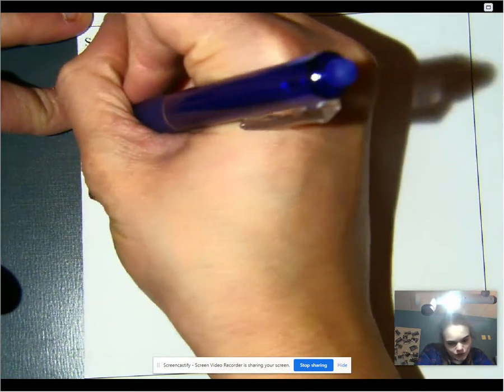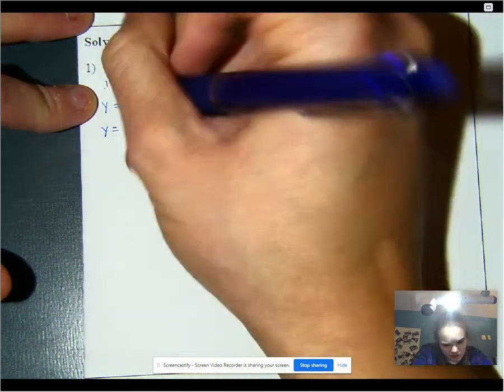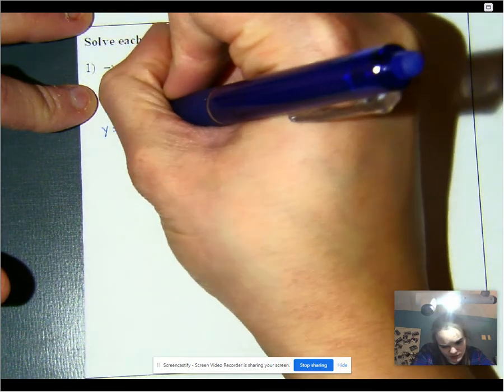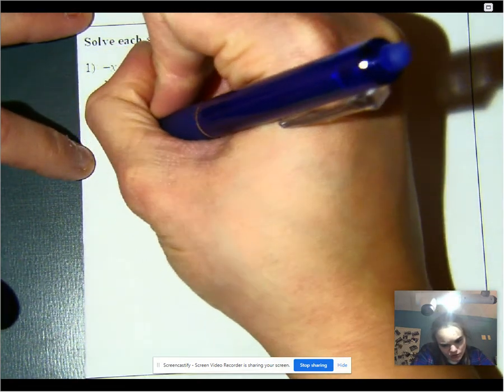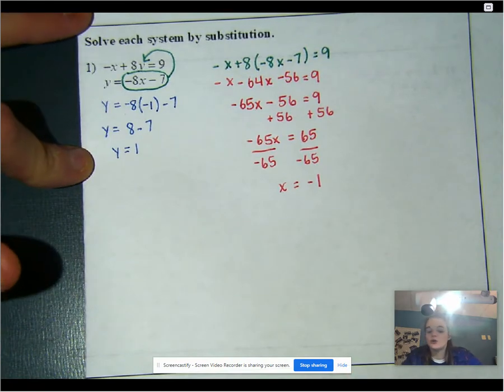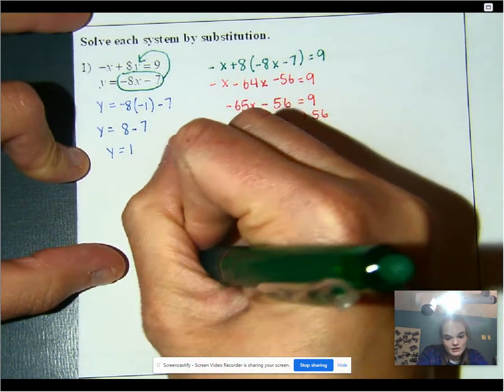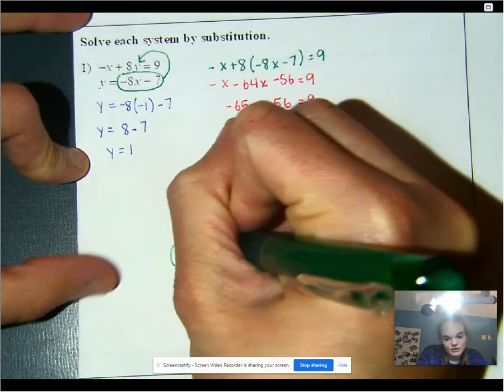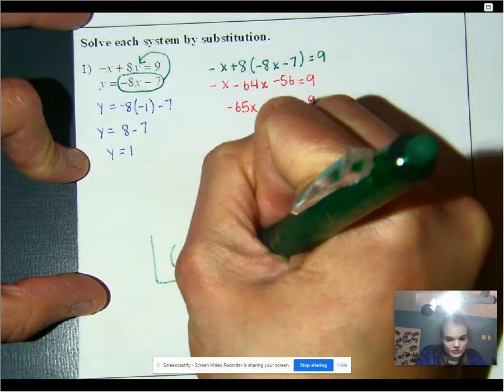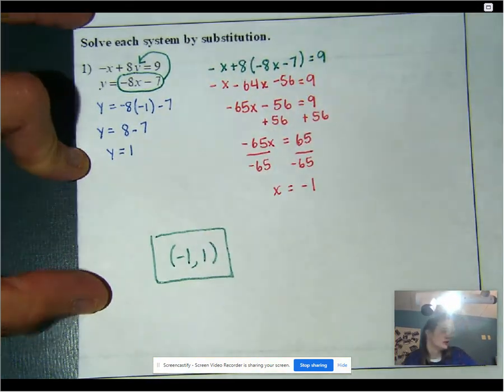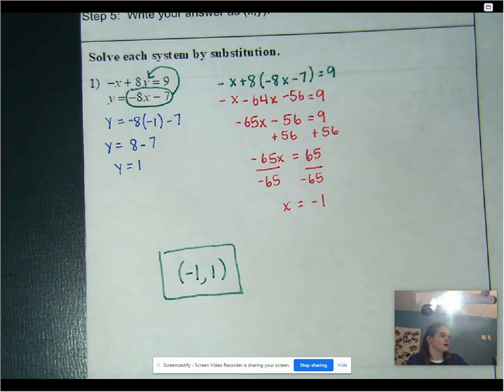So y equals negative 8 times negative 1 is positive 8 minus 7. So y equals 1. Finally, we are going to write it as a coordinate pair, negative 1, comma 1. This is the answer I'm looking for. Just like when I had graphing, I was looking for an x comma y solution. I'm also looking for an x comma y solution.